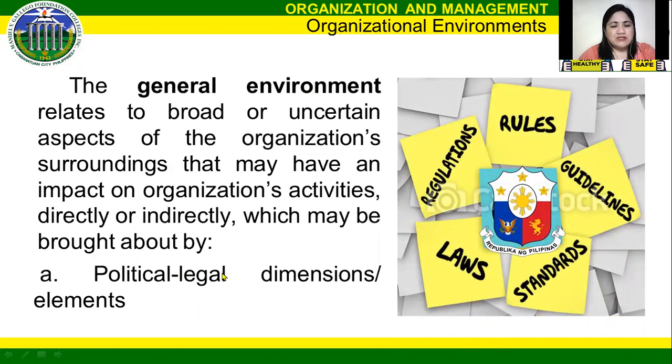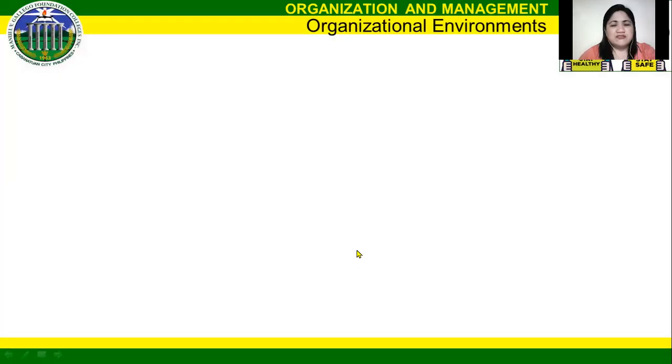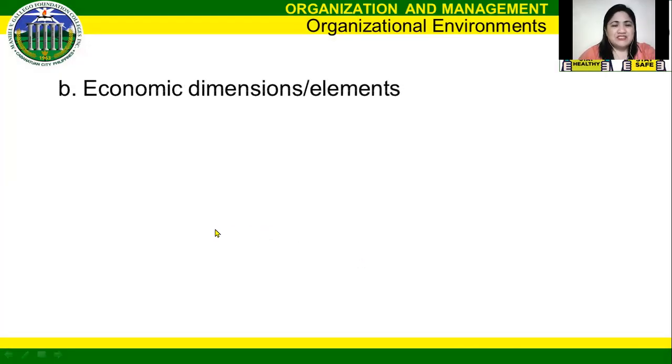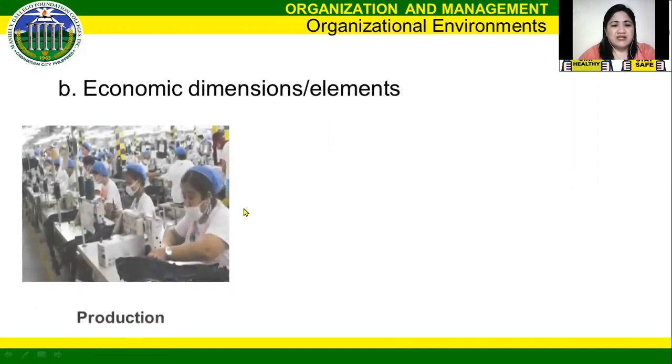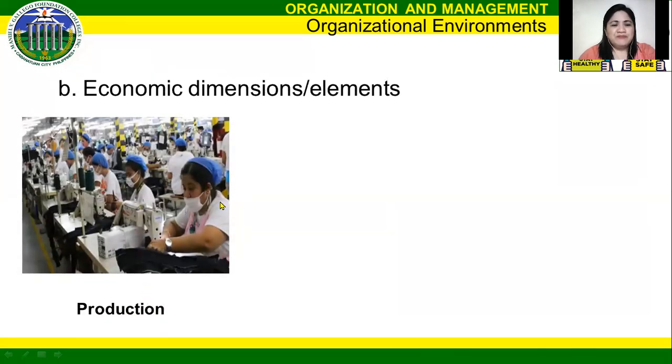When we talk about the political or legal dimensions, we're talking about the government and the laws, the standards, the guidelines, the rules and regulations that the government set. Political, legal dimensions.